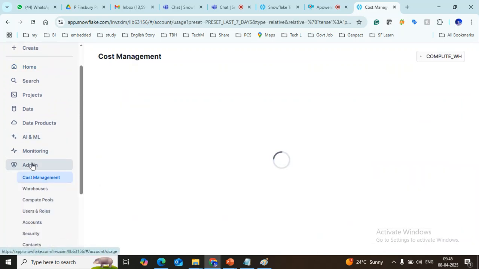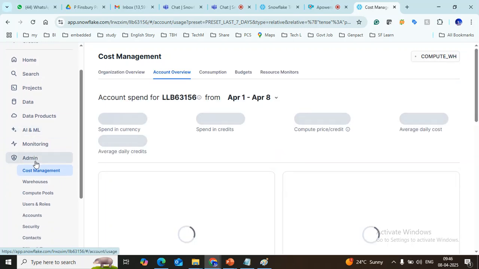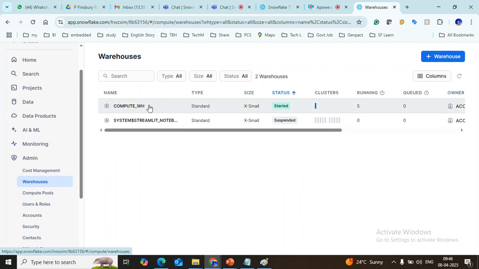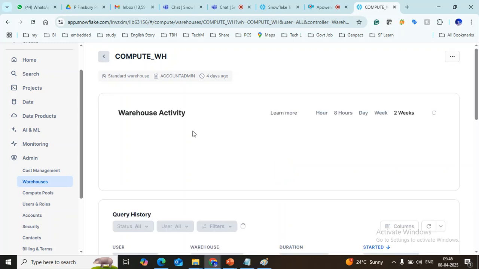So I was talking about the warehouses. Warehouses come under the admin section; if you go inside it, you will see the warehouses. We have two warehouses already created.